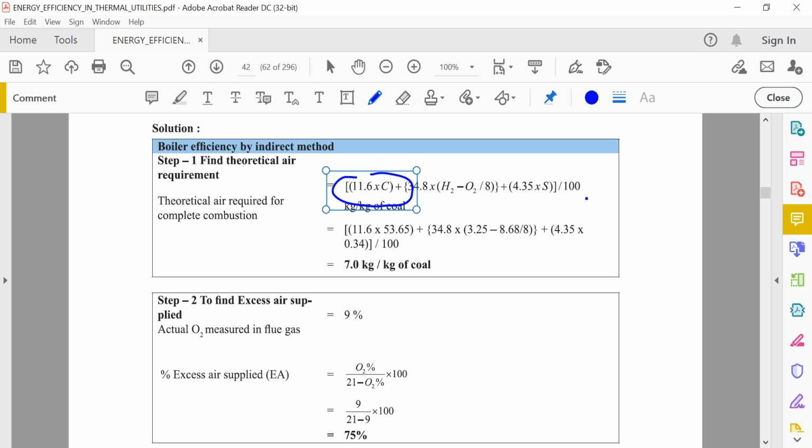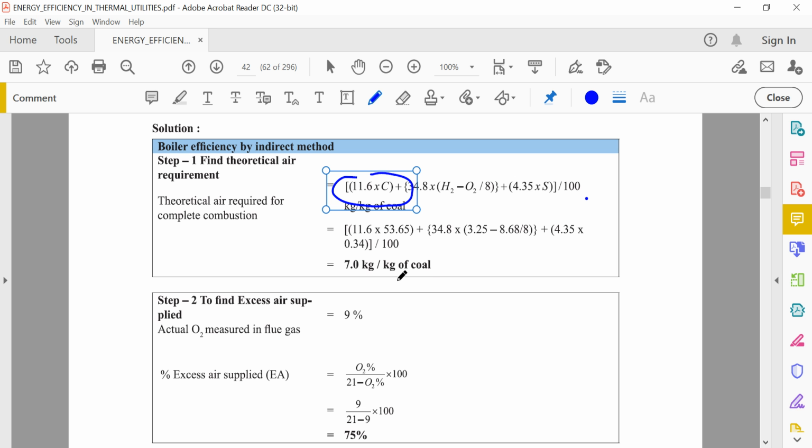Now we need to fill out only the values of carbon, hydrogen, oxygen as well as sulfur to get the theoretical air requirements. So filling up all the values, we are getting 7 kg of air is required per kg of coal. This is theoretical air.